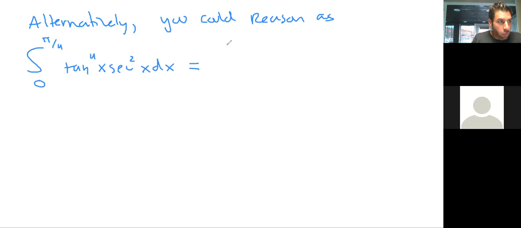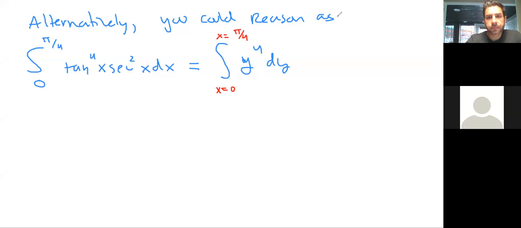Now, if you want to write this correctly, you have to say this. If you do what we just did, it does turn into y to the 4th dy, but you can't put 0 and pi over 4 here unless you're very specific. So one way you can reason this is to make sure the reader knows that this is x equals 0, x equals pi over 4.